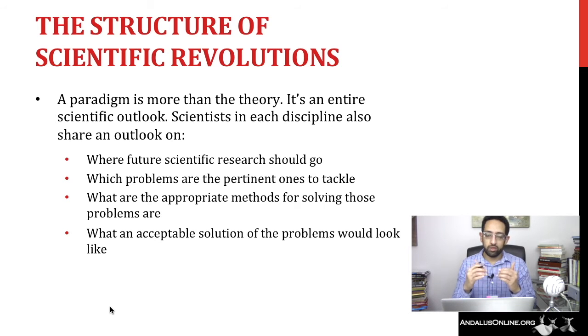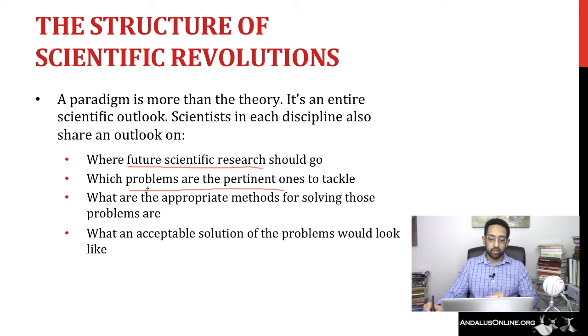They're not sufficient, they're not effective. Scientists in each discipline share an outlook that goes beyond, say, biologists will share something that goes beyond evolutionary theory. This outlook goes into what future scientific research should be, where the future should go, which problems are the pertinent ones right now that we need to solve.